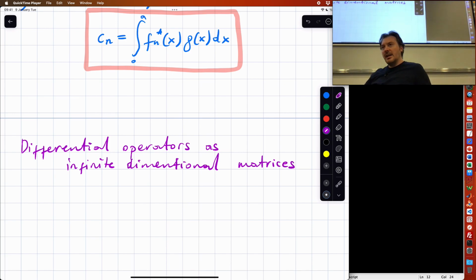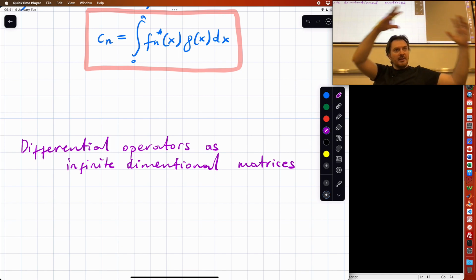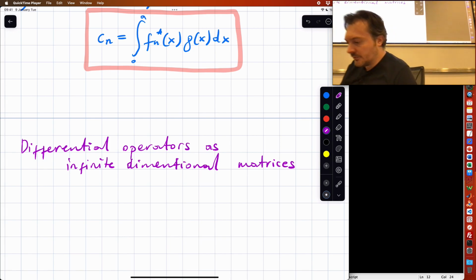So we have thought about functions as infinite dimensional vectors. Then what is the corresponding thing in matrices? Matrices going to infinite dimensions. And this time it's going to be differential operators. This is just one of the examples, but it's the most important one.